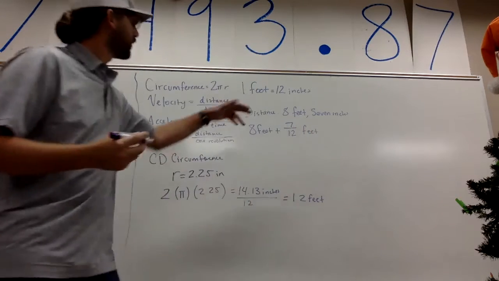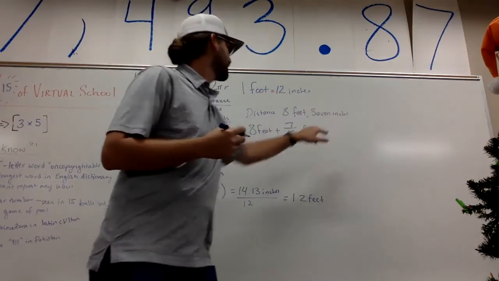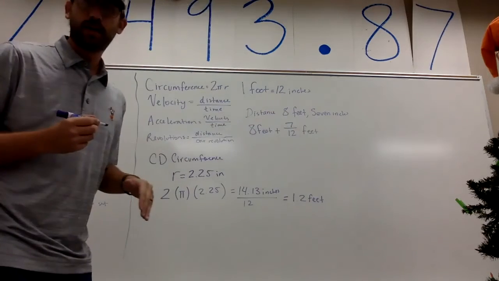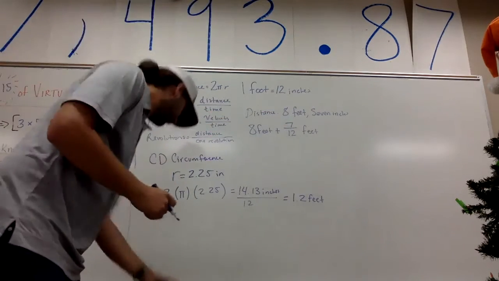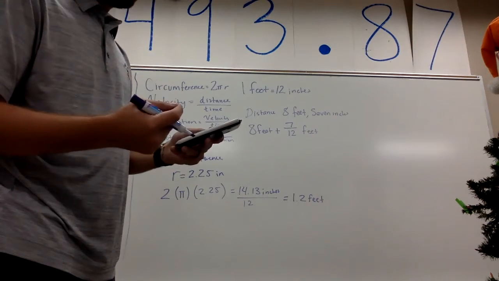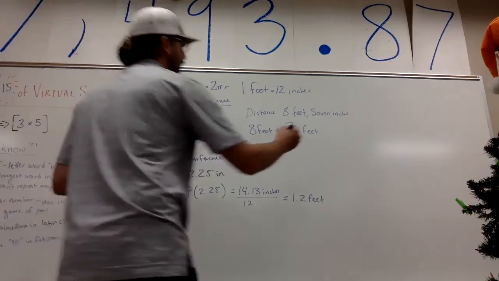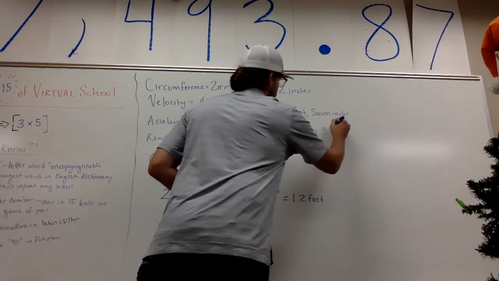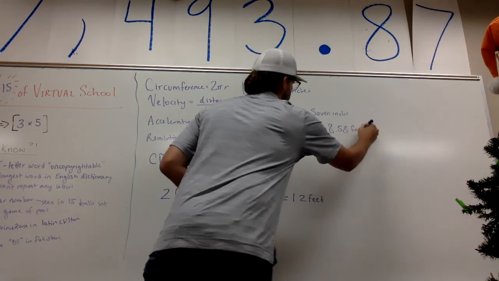You see how I did that? I'm taking the 7 inches to see how many feet it is, and I'm going to add it to my original 8 feet. I plug 7 divided by 12 into my calculator and get 0.58, plus 8. So altogether this is 8.58 feet.